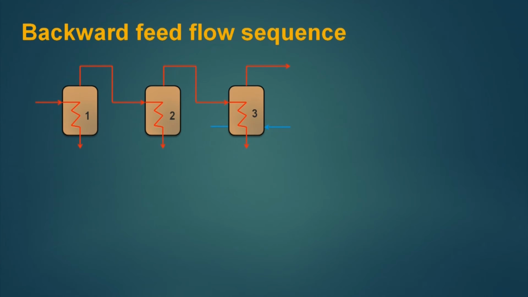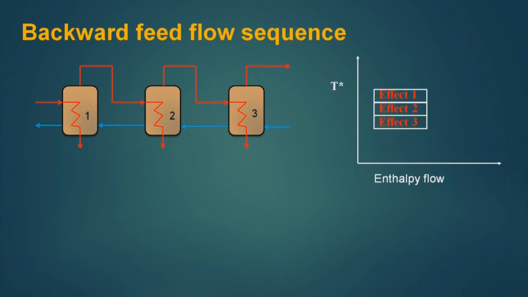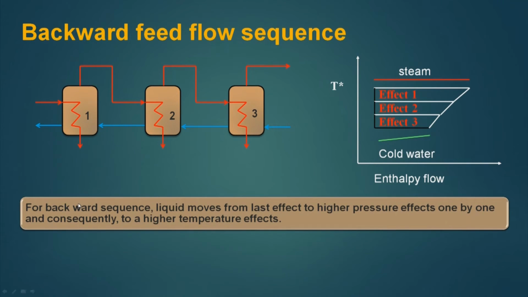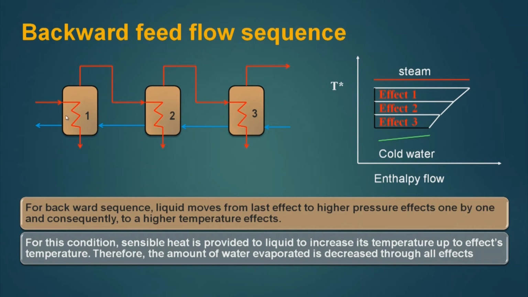Now, let us see the backward feed. This looks like a backward feed. Here the live steam enters, and the flow of the vapor is in this direction, but the feed enters into the third effect.